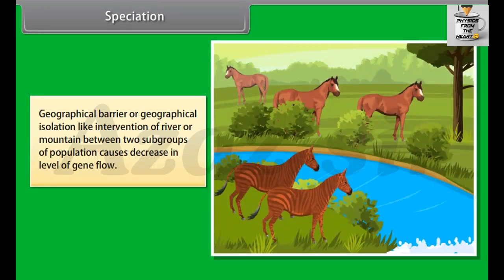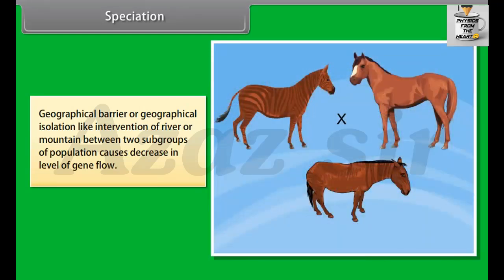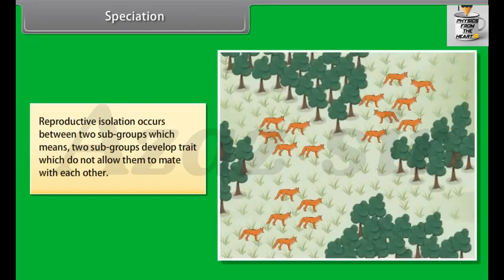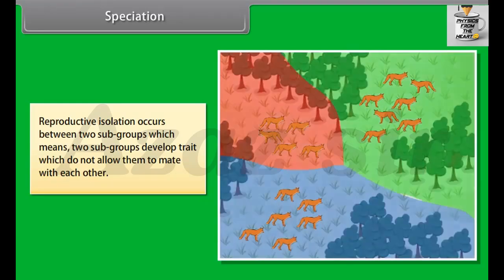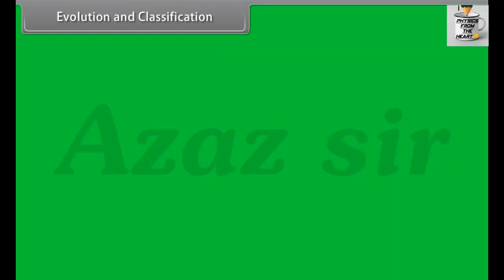Geographical barrier or geographical isolation, like intervention of river or mountain between two subgroups of population, causes decrease in level of gene flow. Reproductive isolation occurs between two subgroups, which means two subgroups develop traits which do not allow them to mate with each other. Evolution and classification.